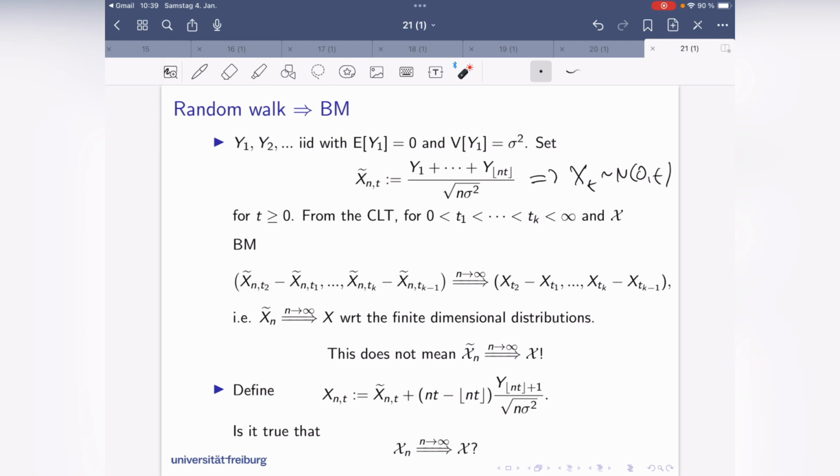So you might think, well, didn't we just prove that the random walk, when viewed as a function of t, converges to Brownian motion? Because we've shown that X_n tilde converges to X with respect to finite dimensional distributions. And we all know that finite dimensional distributions determine the law of Brownian motion uniquely. So does that mean that the stochastic processes converge?